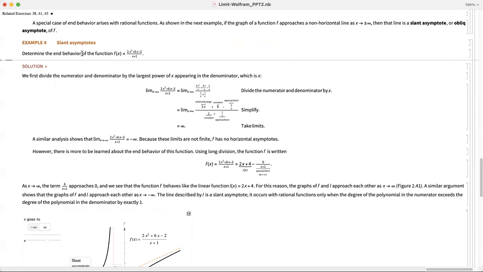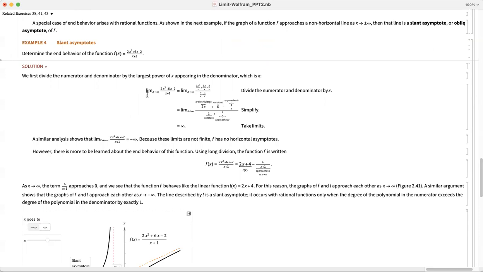Because what is an asymptote? An asymptote is just the straight line that the graph of a function approaches as x approaches infinity or negative infinity. So the asymptote has a crucial role in figuring out the behavior of a function.